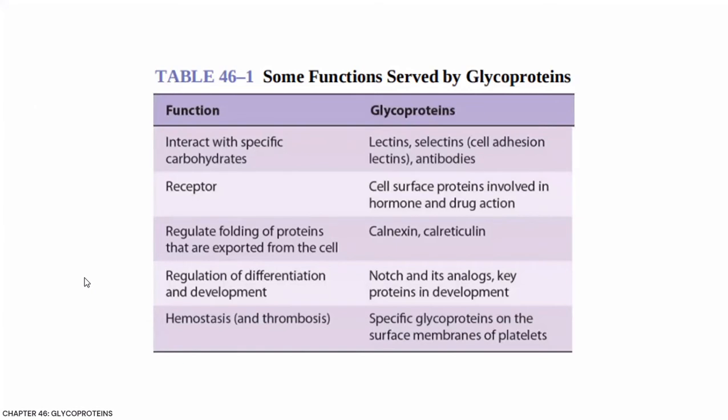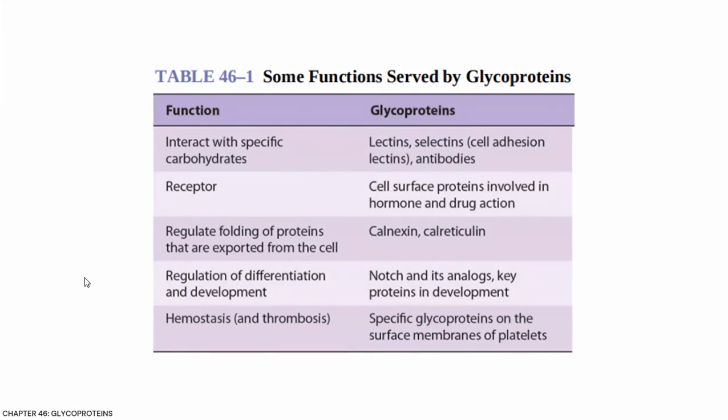So if there is a mistake in the folding of the proteins, the same chaperone proteins will prevent it from being excreted out of the cells where they were formed, so that they will be degraded back into amino acids. Okay.